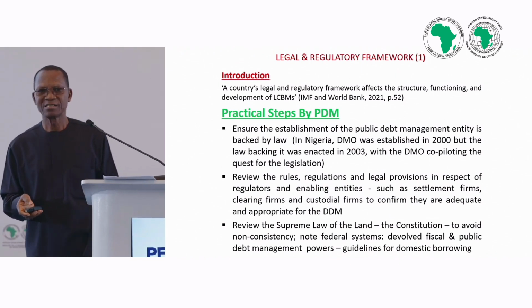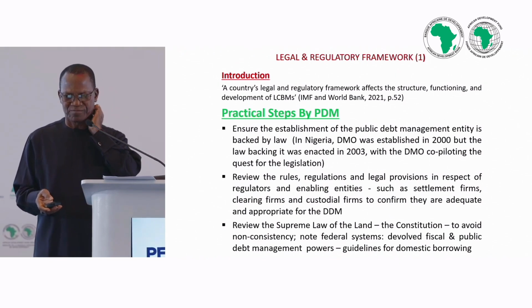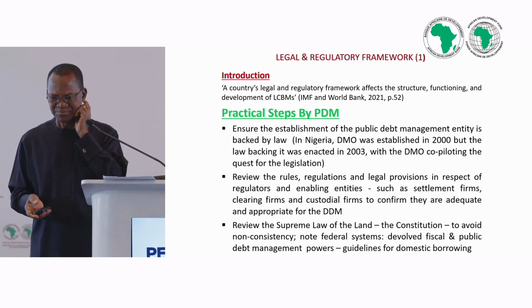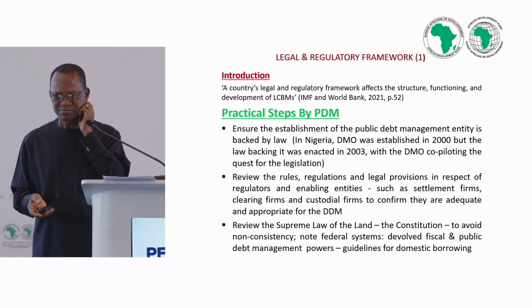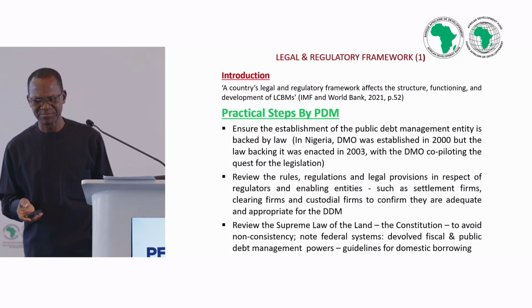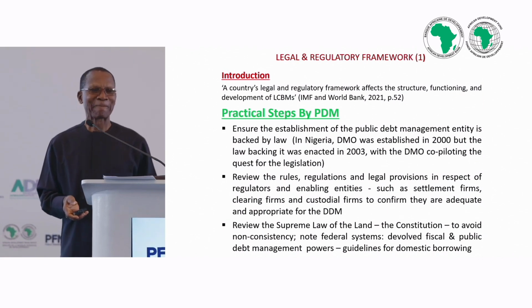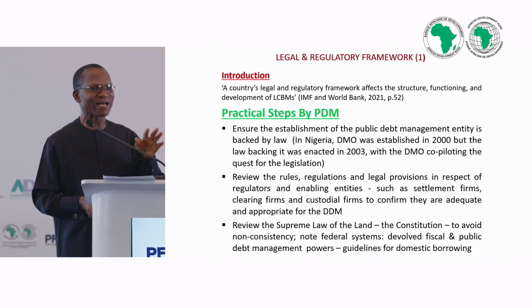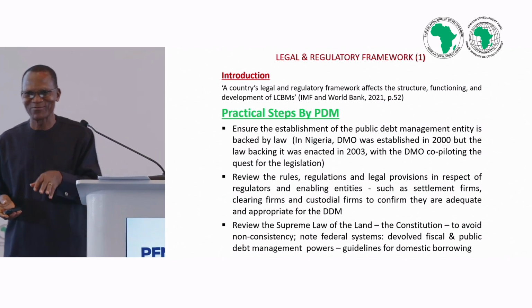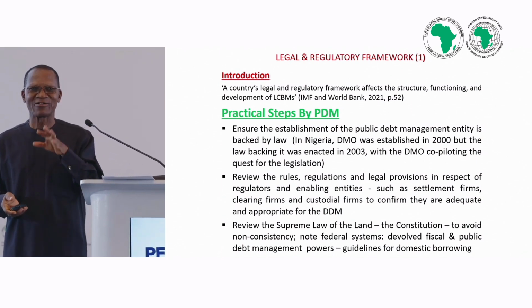Now, the sixth building block for developing an efficient and robust domestic debt market is the legal and regulatory framework. For the DMO, it has to start from itself. The debt management office has to start from itself when it comes to legal and regulatory requirements.